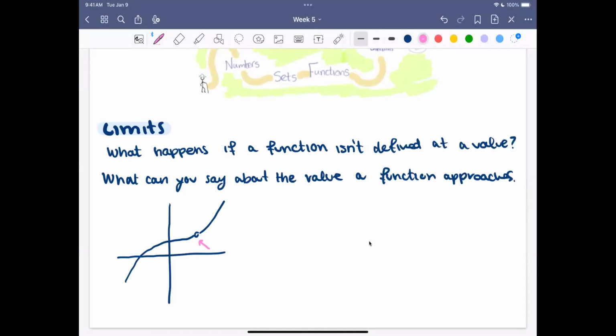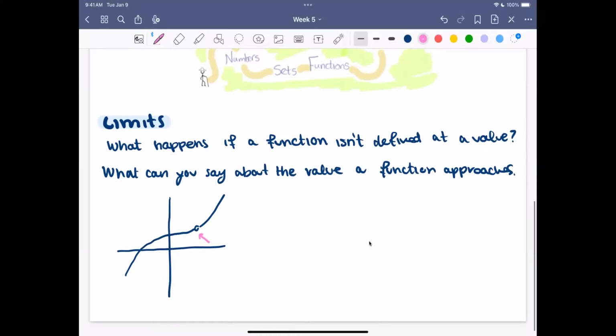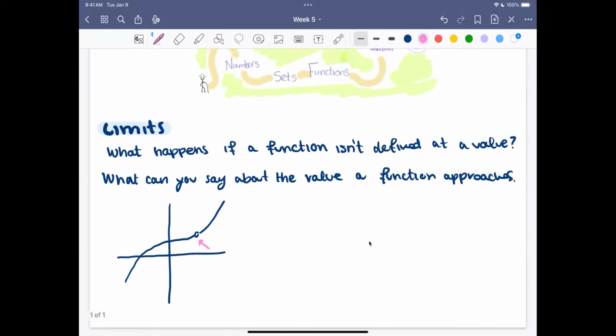What we're going to do is start with one-sided limits, and that will give us a way to define the limit as a whole. Basically, we're going to take x values getting closer and closer to the hole, but just from one side, and say what values the function takes on along those numbers.